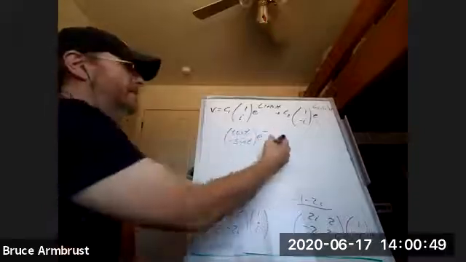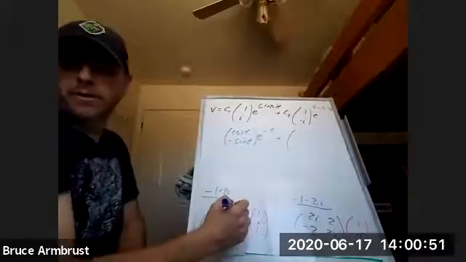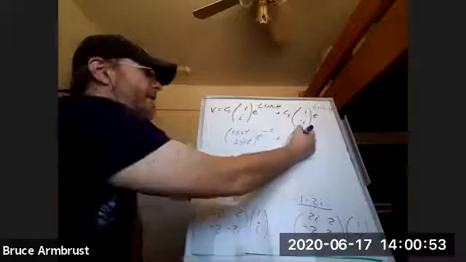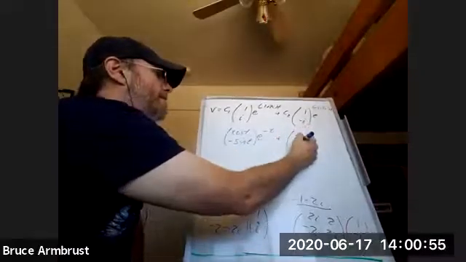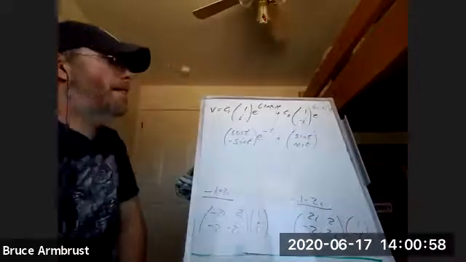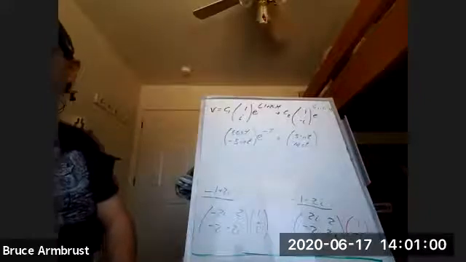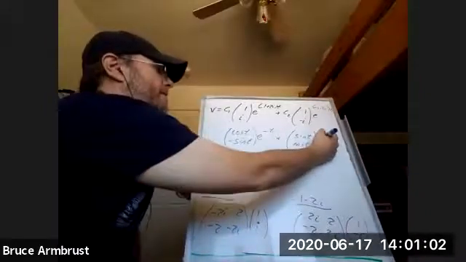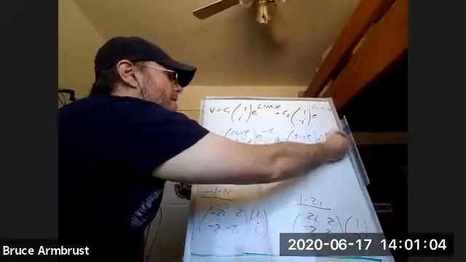And then this is going to be added to sine t, cosine t, times e to the minus t times i.